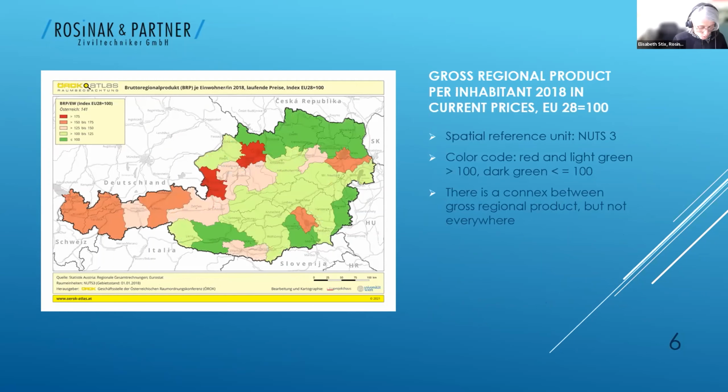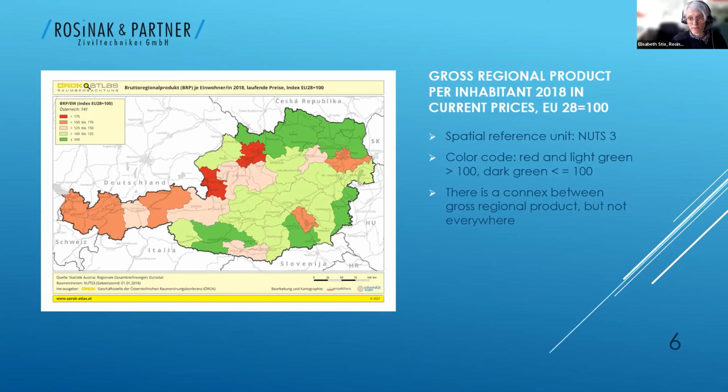There are two more maps, and one is trying to give an insight into the gross regional product. Because as we heard today, there is analysis going on about how much economic development goes together with population decline or not. In this map, you see the gross regional product per inhabitant from the year 2018 in current prices.